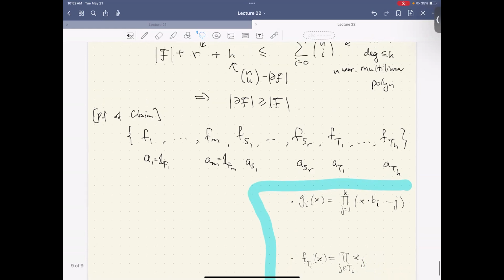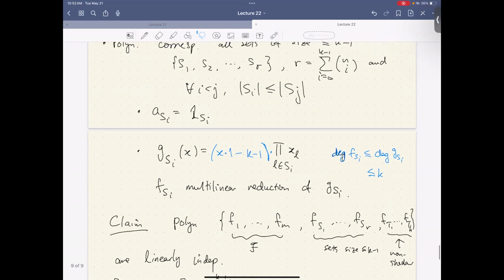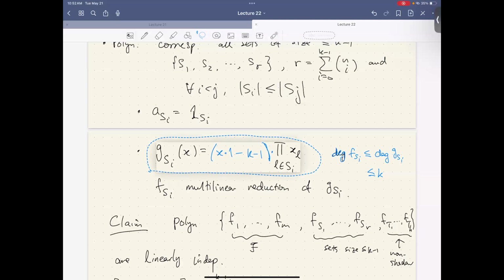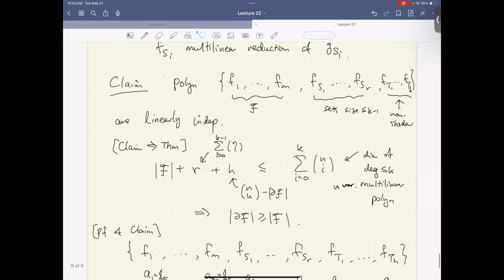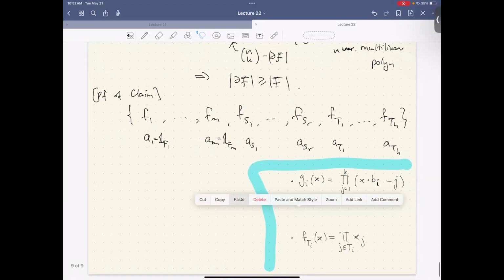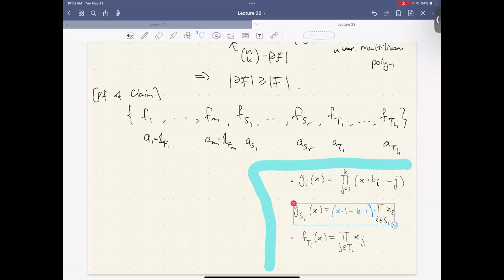The second one is slightly non-standard, which is this one. Good. Let's verify the first one.